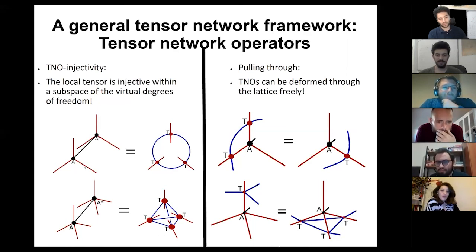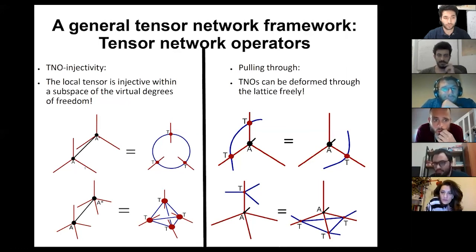It's a review paper by Ignacio Cirac, David Perez-Garcia, Norbert Schuch, and Frank Verstraete, titled Matrix Product States and Projected Entangled Pair States: Concepts, Symmetries, and Theorems. The arXiv number is quant-ph 2011.12127. That's a great review by the experts that I recommend to everyone.